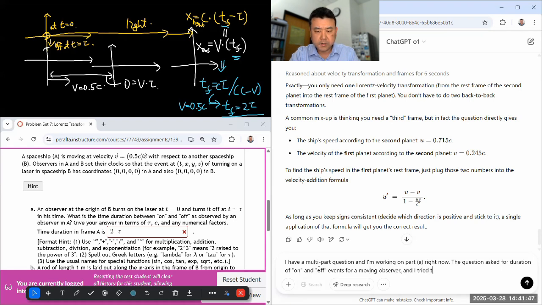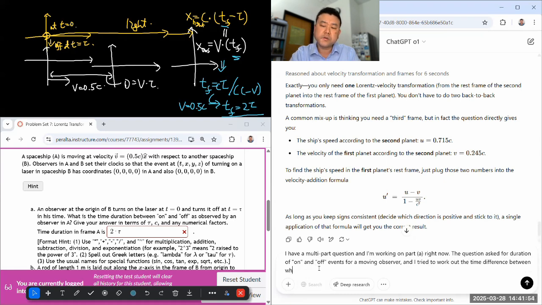I try to work out the time difference between when the moving observer will see the on and off events. See diagram on top. I hope it makes sense.